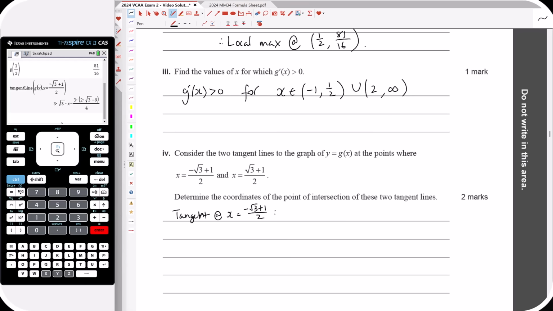Okay, so it is y equals 3 root 3x minus 3 times 2 root 3 minus 9 all on 4.